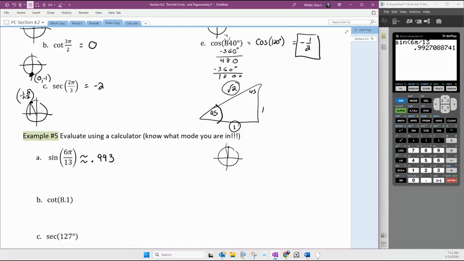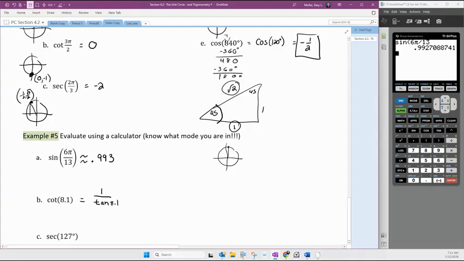All right, 8.1, that is in radians because there's no degree symbol. So if I want to do the cotangent, I need to really think about this because my buttons on my calculator are only sine, cosine, and tangent. So what I'm going to end up doing is I'm going to instead find 1 over the tangent of 8.1.